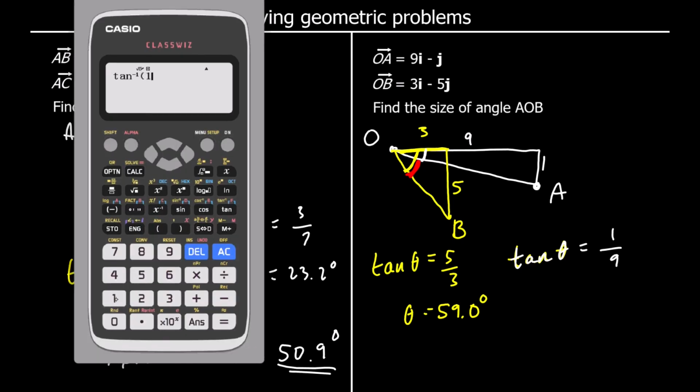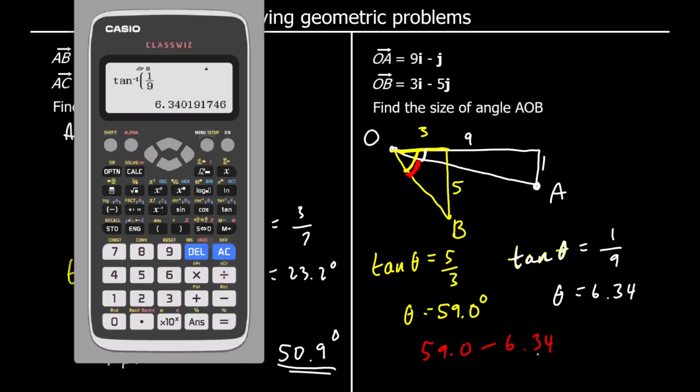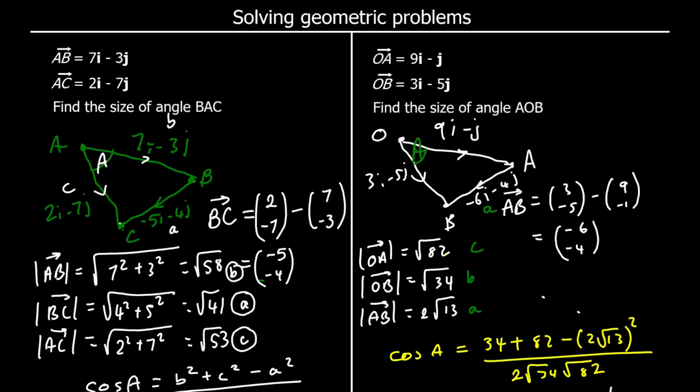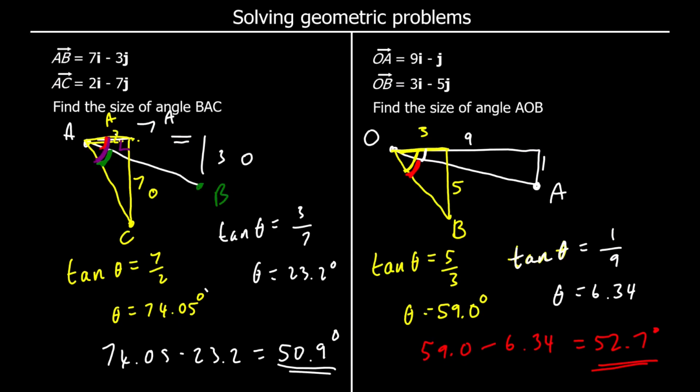Shift tan 1/9 is 6.34. So the red angle is 59.0 take away 6.34, which is 52.7. And just check back, that's the same answer as we got for the last question.